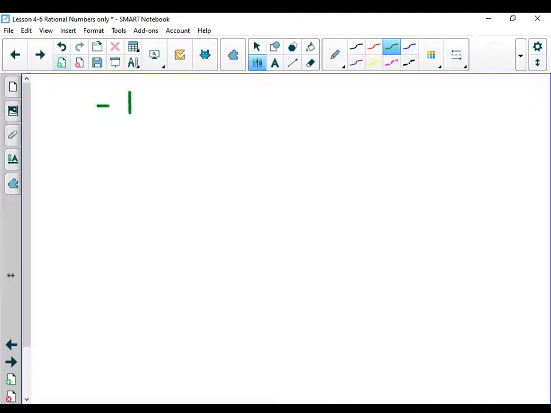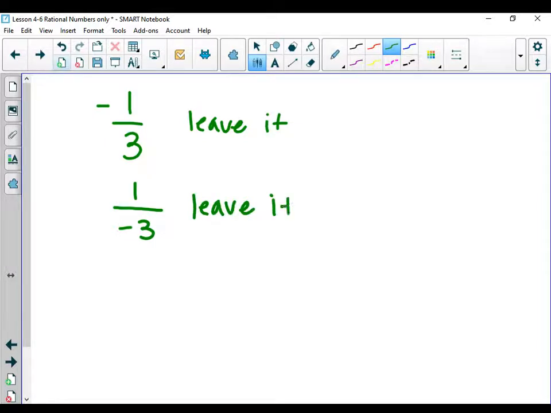If just the top is negative, leave it. If just the bottom is negative, leave it. These two have a 1 in common.